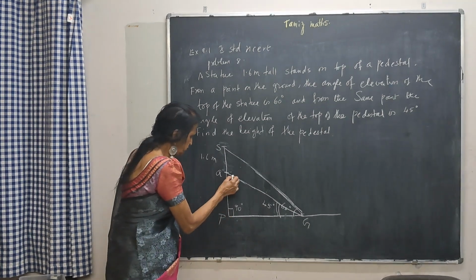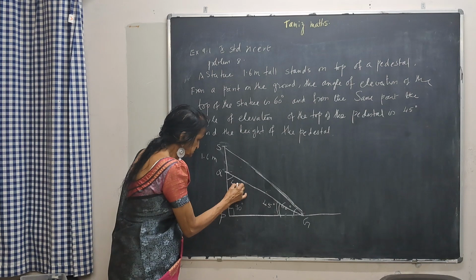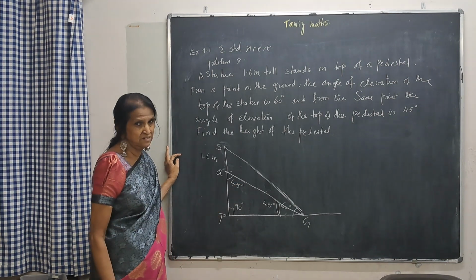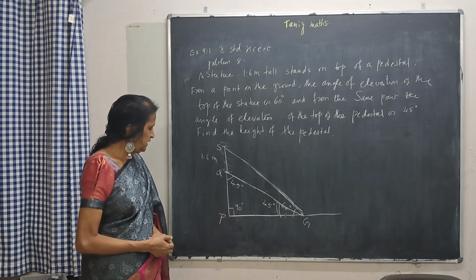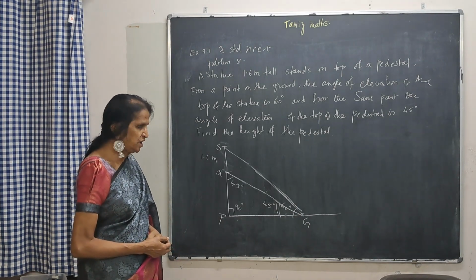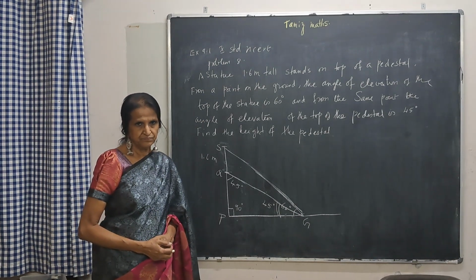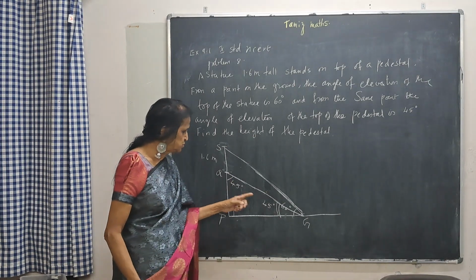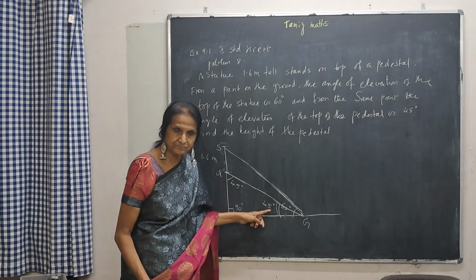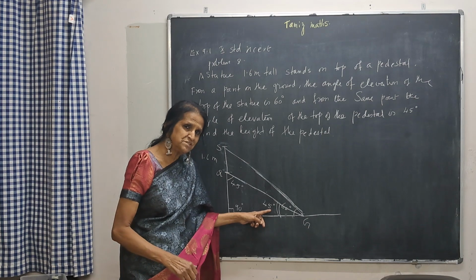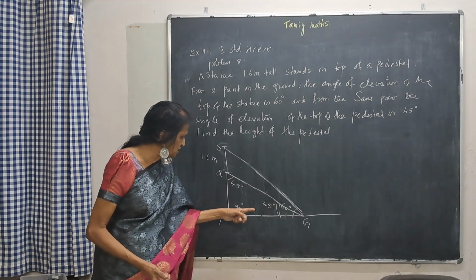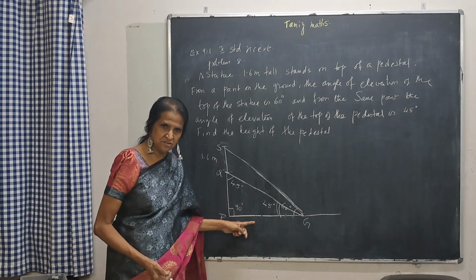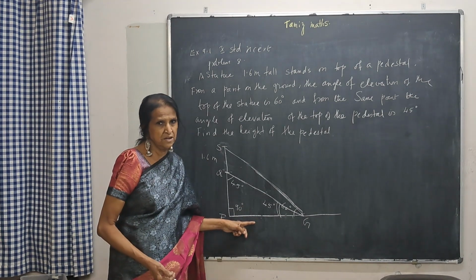So this will be 45. Fine, simple, easy, enjoyable. Now in the triangle PQG, we find that these two angles are equal. So it becomes an isosceles triangle. So the sides opposite to equal angles in an isosceles triangle will be equal.